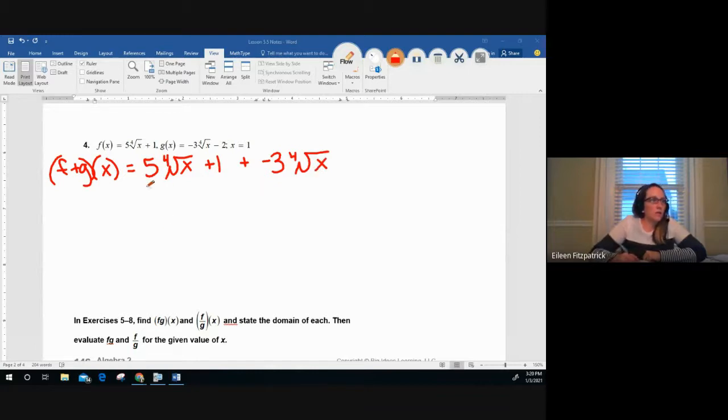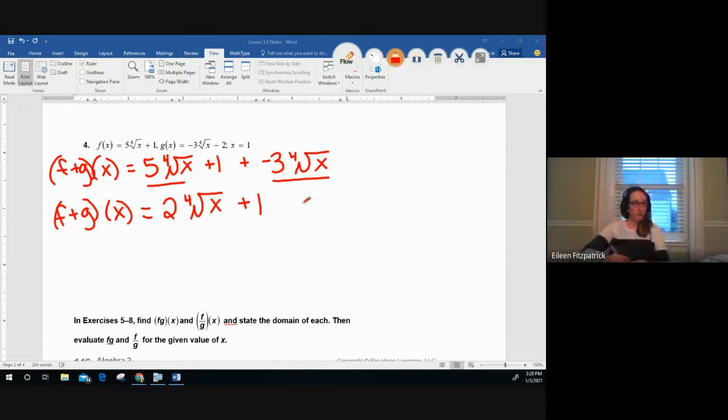All right, so these are like terms, like radicals, right? Same index, same radicand. So you work with the coefficients. 5 minus 3 is 2 times the 4th root of x, and then you still have that plus 1, okay? And that is your function. F plus g of x equals 2 times the 4th root of x plus 1.